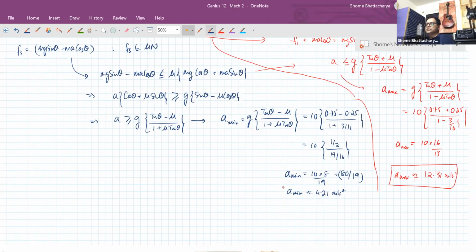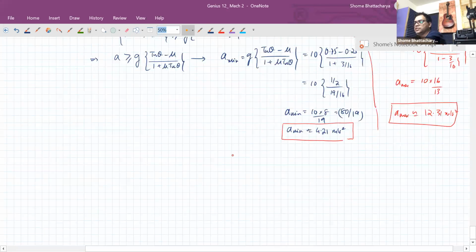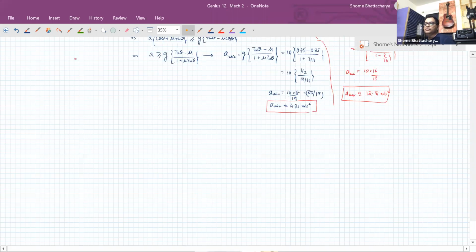So this is a little trick that I wanted to discuss through this question. Whenever we are solving a limiting friction condition like this, where we have to do the maxima minima condition, in the maximum external force case, the friction is preventing slipping from occurring up the incline. So friction is acting down the incline. Whereas in the minimum condition, friction is preventing slipping down the inclined plane, so friction is acting up the inclined plane.